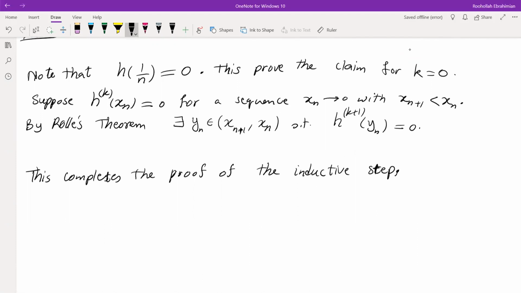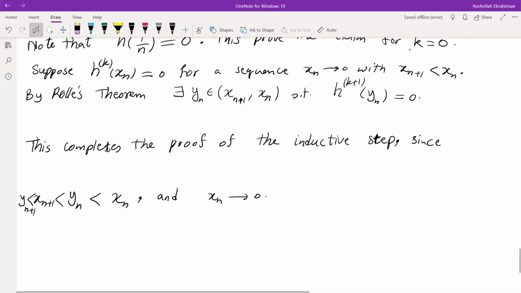Yeah, so since y_n is less than x_n and greater than x_{n+1}, you could add that this is more than y_{n+1}. And x_n approaches 0. Okay, so that completes the proof of that.